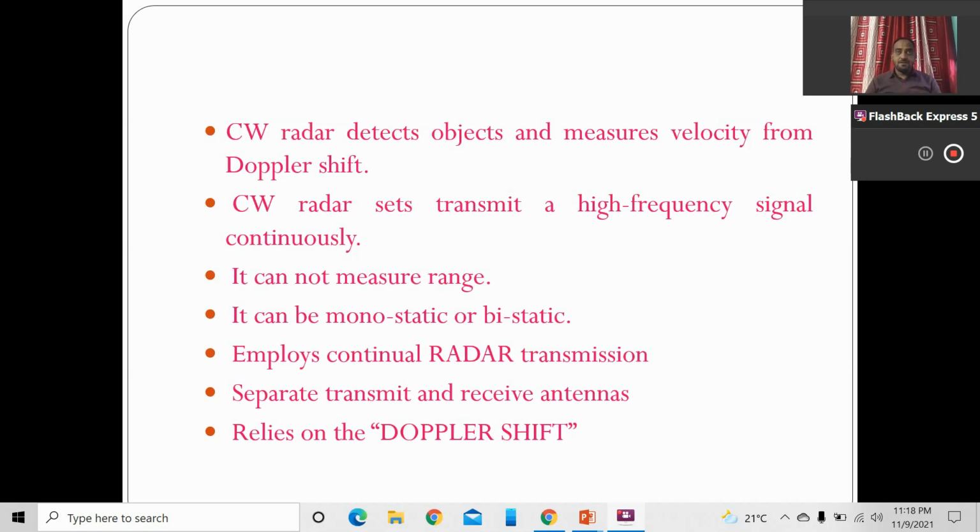In the previous case, with pulse radar, the radar transmits a pulse during a very little time, that is 10% of the total time duration. Only for 10% of the time duration it transmits a pulse, and for the rest of the 90% of the time the radar waits for the echo signal.